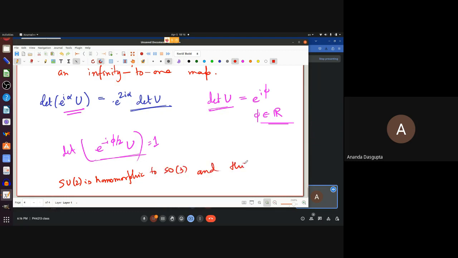And this homomorphism is no longer infinity to 1. Can anybody tell me how big this homomorphism is? Is it a one-to-one map? Is that the unique SU2 matrix?